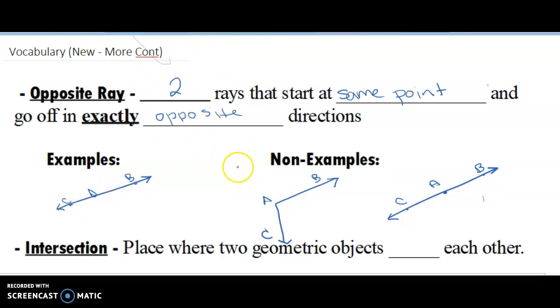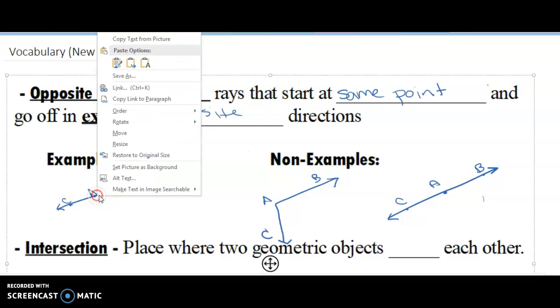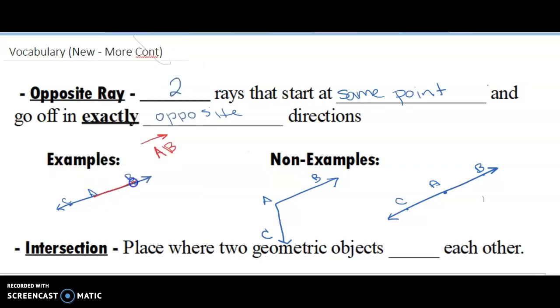Ray AB, don't forget your ray symbol over top, would start at A and go through B. And ray AC would be A to C this way. Those would be opposite rays. They both start at the point A and they go off in exactly opposite directions.